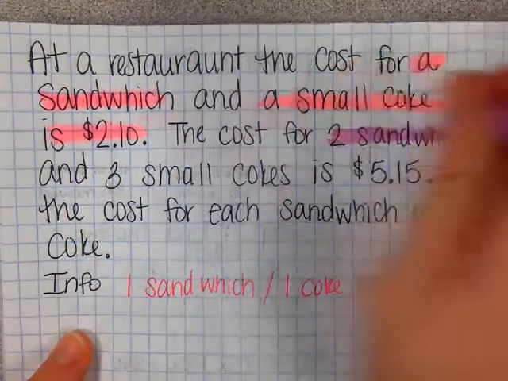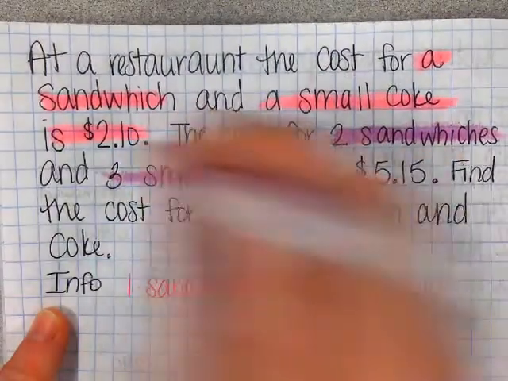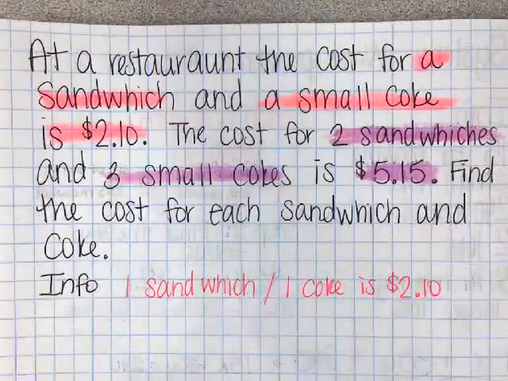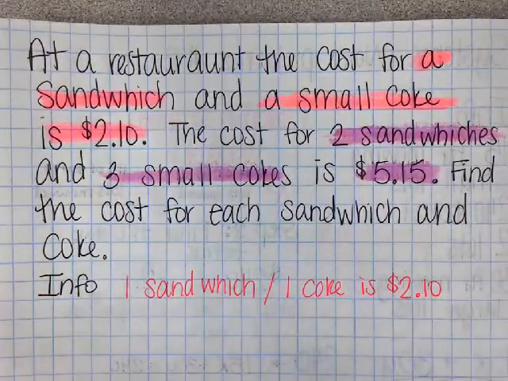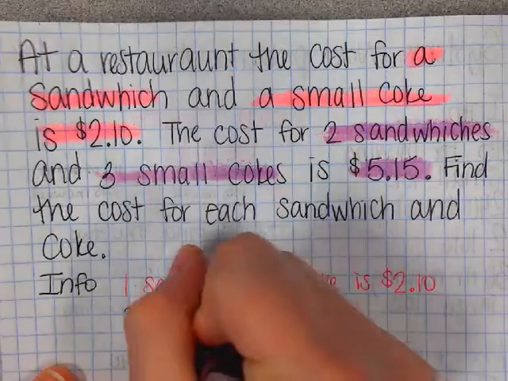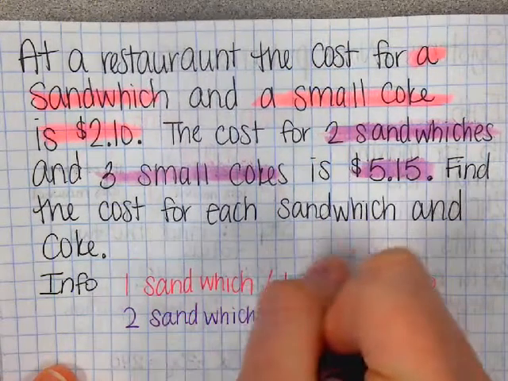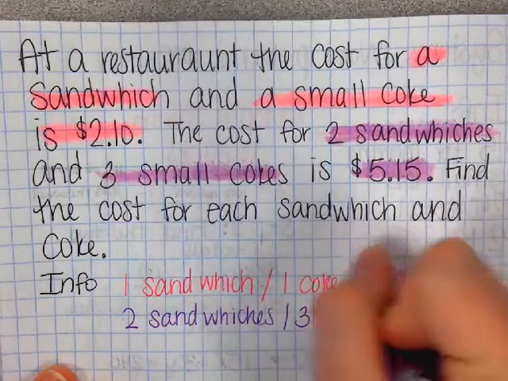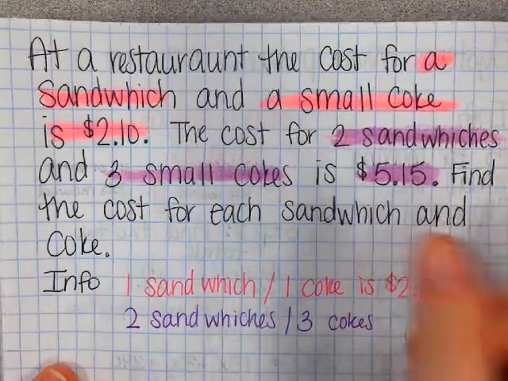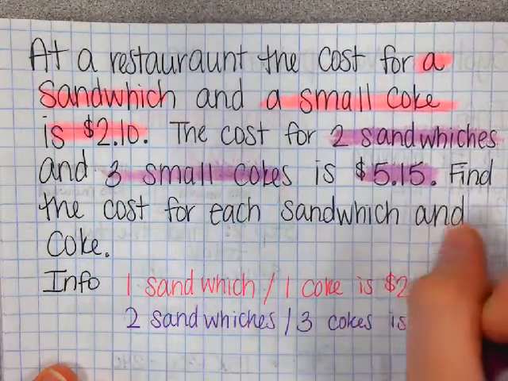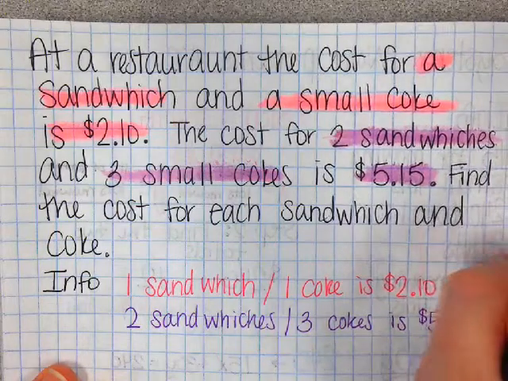Then it says 2 sandwiches and 3 Cokes is $5.15. So 2 sandwiches and 3 Cokes is $5.15.